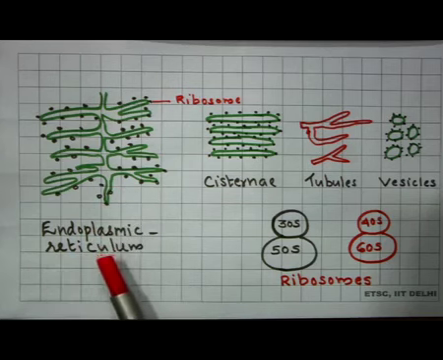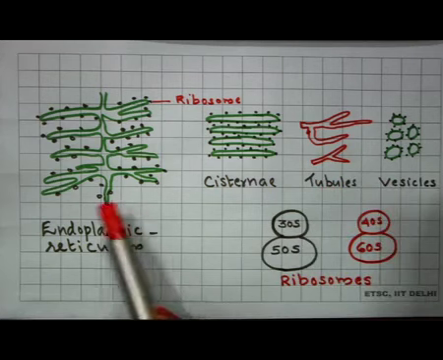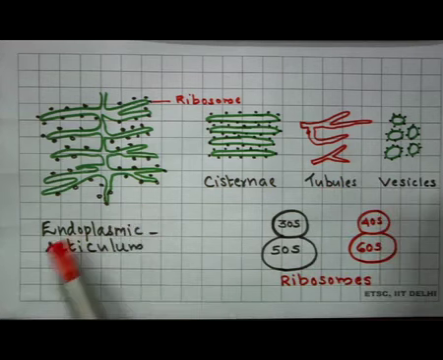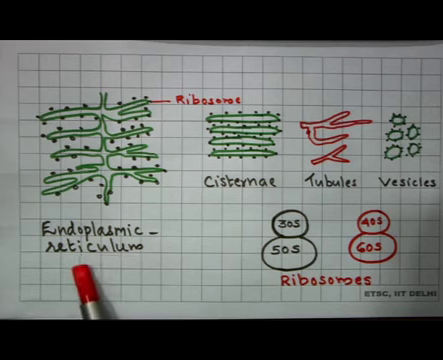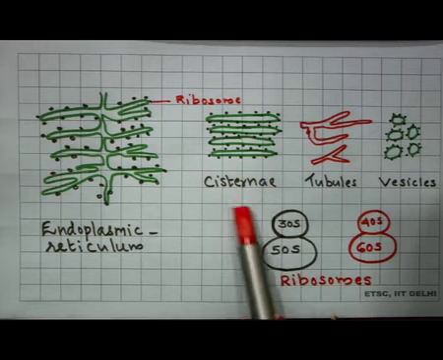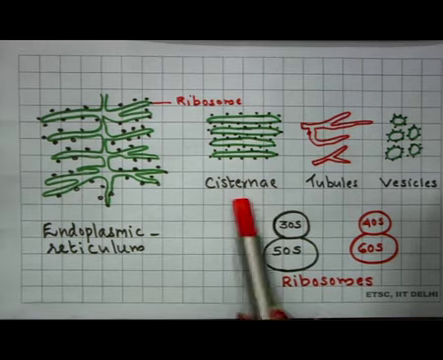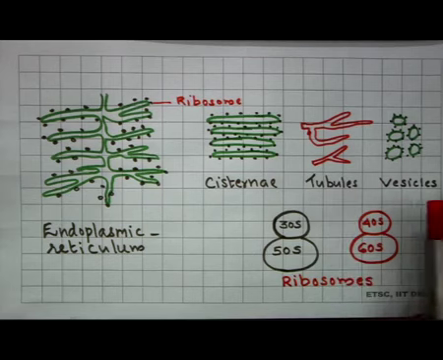When we analyze this, we can see three distinct components seen in the endoplasmic region of cytoplasm. The three different components are cisternae, tubules and vesicles.